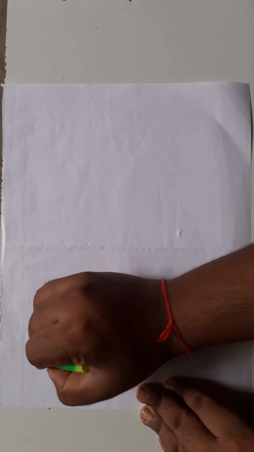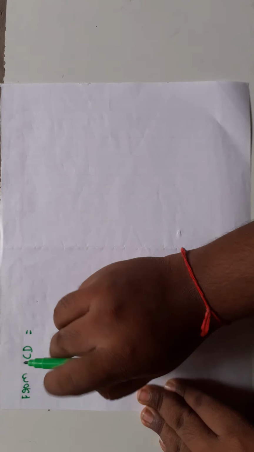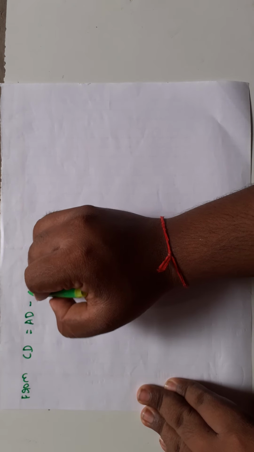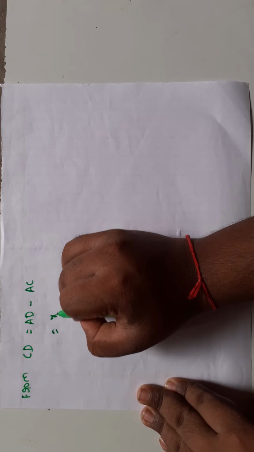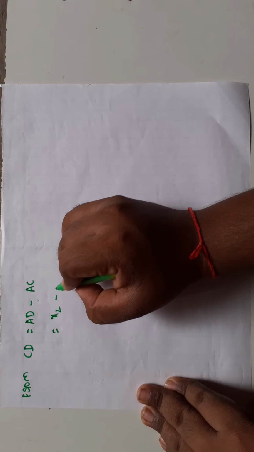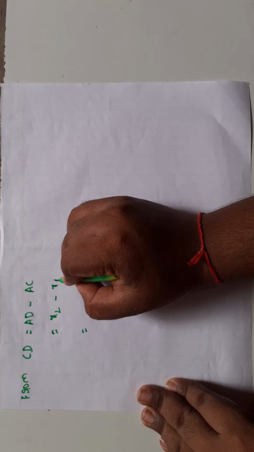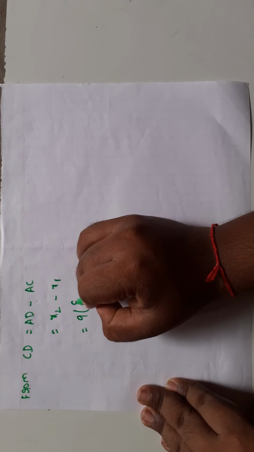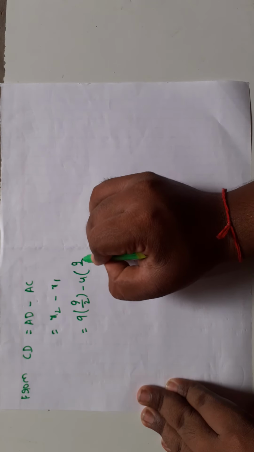CD equals AD minus AC. What is the distance from A to D? x2. What is the distance from A to C? A to C means x1. Substitute x1, x2 values. x2 equals 9 into g by 2. x1 value 4 into g by 2.